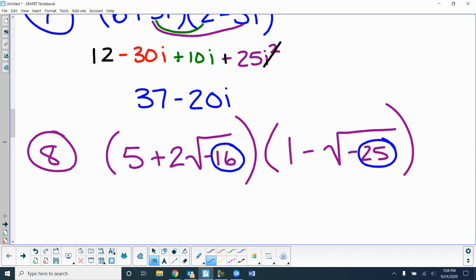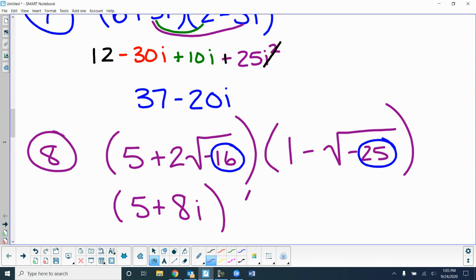Perfect squares, right? So I don't have to do the factor tree because I already see perfect squares. So I get 5 plus square root of 16 is 4. I multiply it by the 2, so this is an 8. Don't add it and make it a 6. That's one mistake I get. Sometimes we just forget all about the 2 and we just put a 4 there. Remember, whatever you pull out goes times whatever's there. And since it's negative, the i also comes out. No more radical on that side.